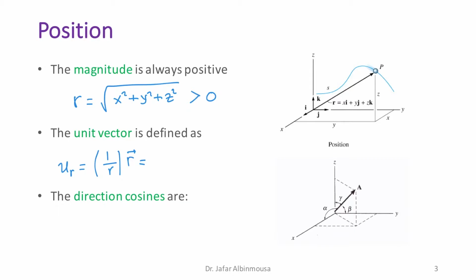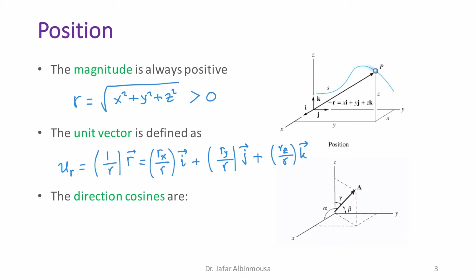For that, we will get the r_x component divided by the magnitude multiplied by i, plus the r_y component divided by the magnitude by j, plus r_z divided by r, and finally we put the k component.